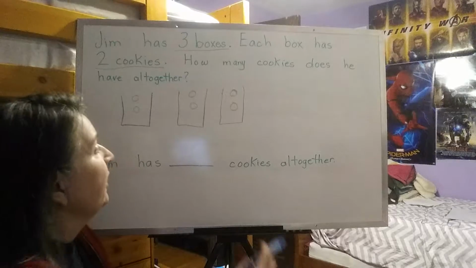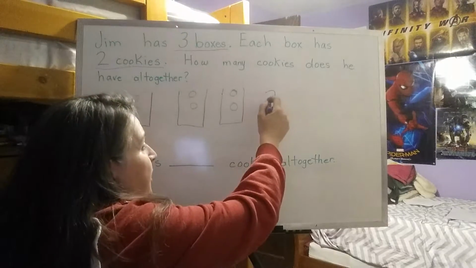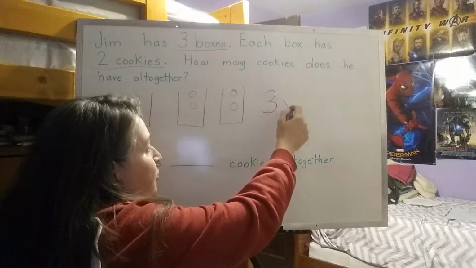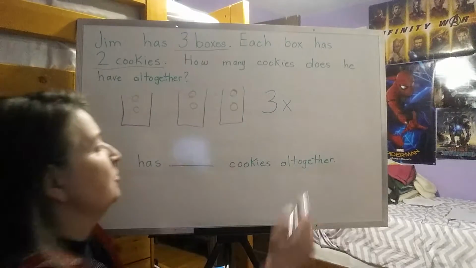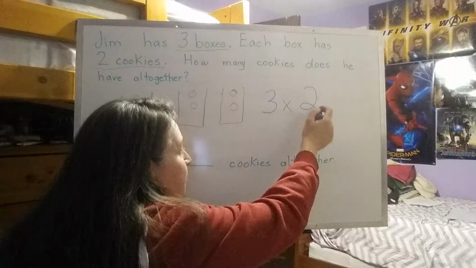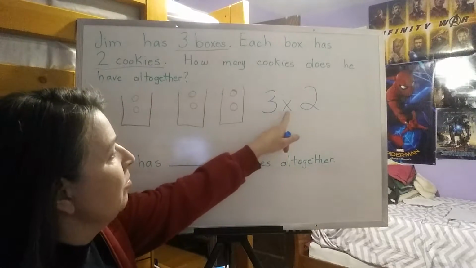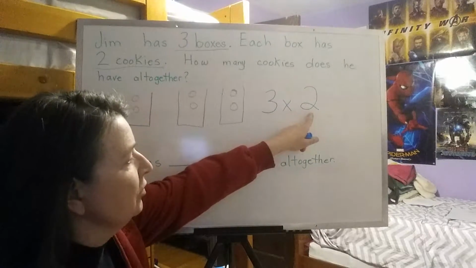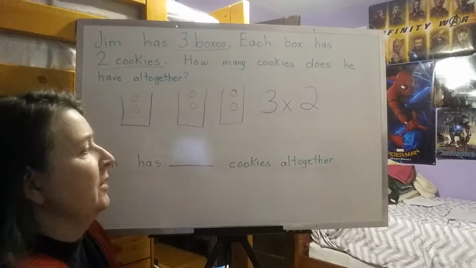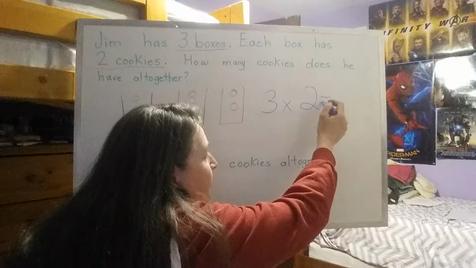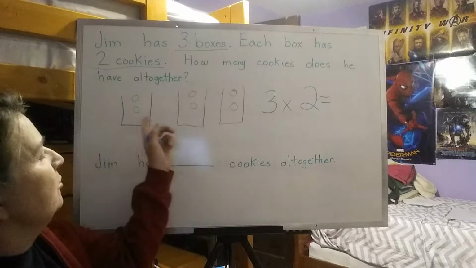So what do I have? I have 3 groups of how many in each box? 2. 3 boxes of 2 cookies. 3 groups of 2. And what does that give me? How many do I have?